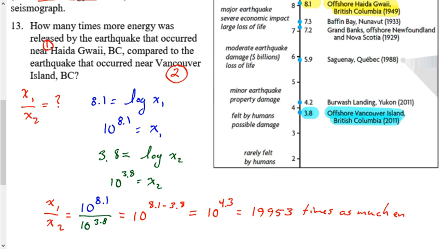So that's a huge difference, almost 20,000 times as much energy, where when we just look at the Richter numbers, we say, oh, it's not even 5 more, it's 4 and a little bit more. But that tells us how the scale increases in magnitudes of 10. Every time we increase by 1, it's 10 times more energy that was released.